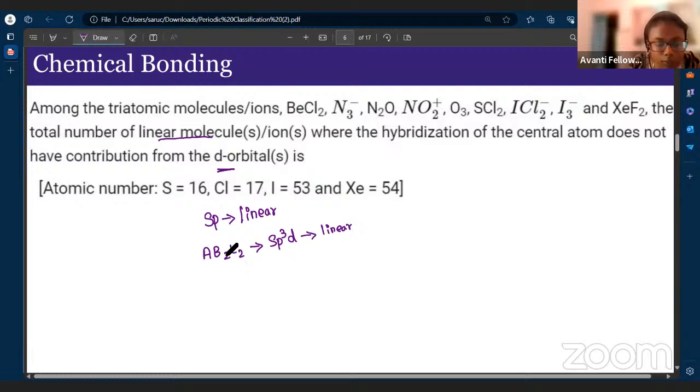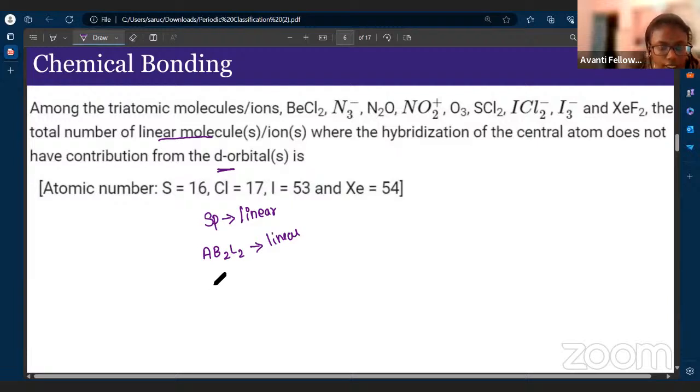Yes, lone pair. It has two lone pairs. So AB2 with two lone pairs: AB2L2 is going to show the linear shape.